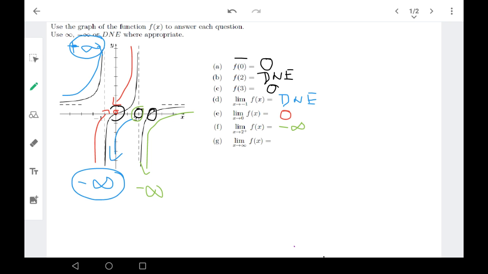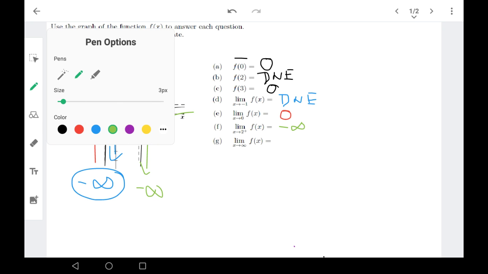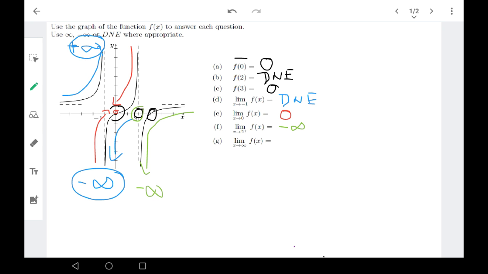So if I have G, the limit of f of x as x approaches infinity. Well, this is new. Here what it's telling you is what is happening when x is getting really, really big, because we don't know what infinity is, but we know it's a big, big positive number, right? So what it's telling you is what happens if I continue my graph to this side.